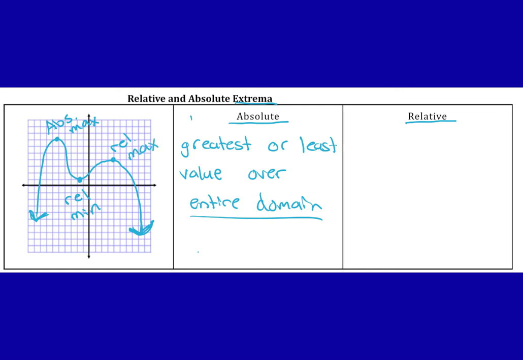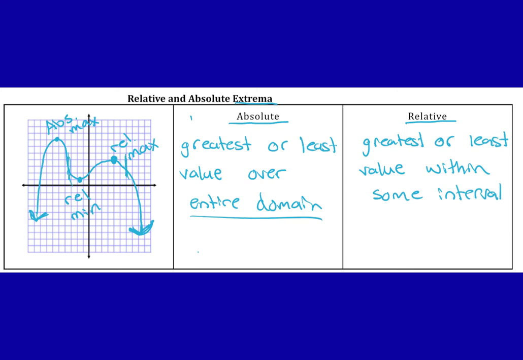So this is the greatest or least value, but within some interval. So it's not the top number overall, but it is the top number within a certain interval. So absolute max, absolute min, relative max.